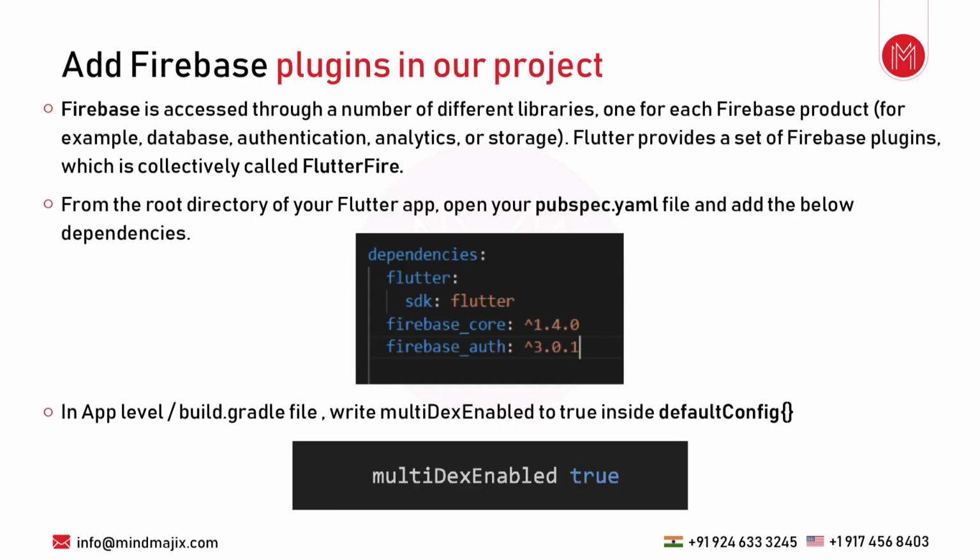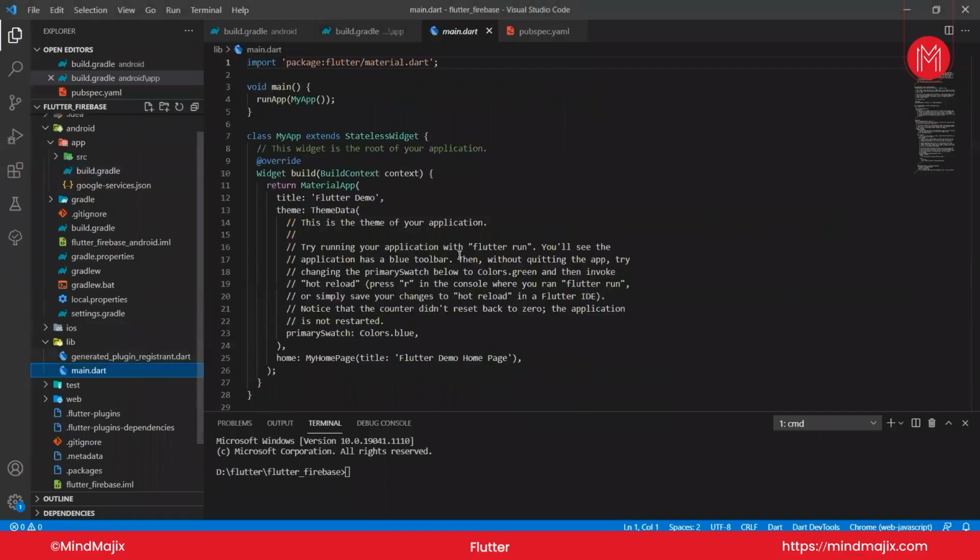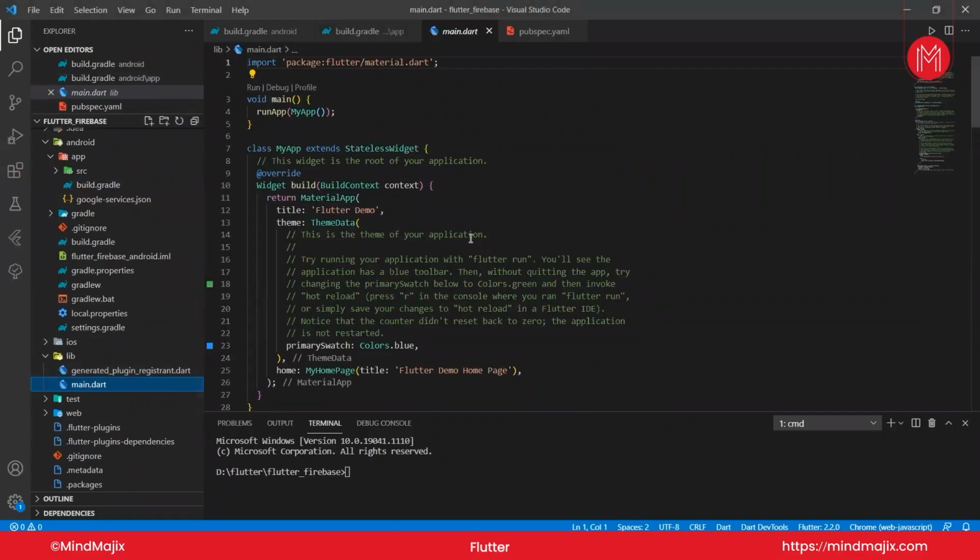Now, the final step is to write this line of code in the main.dart so that our application initializes Firebase at first when our app is started, so it should know that it has to initialize the Firebase configurations to communicate with the server.